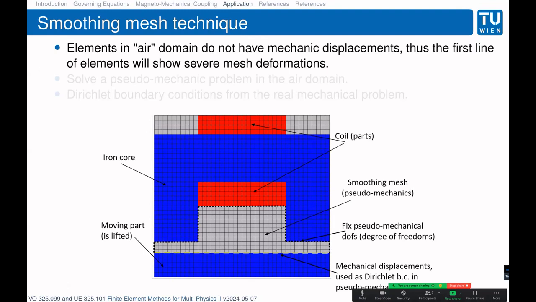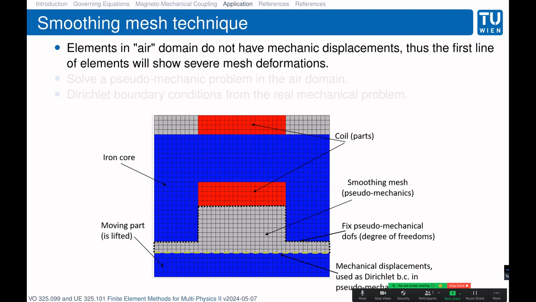But what happens actually to the air? Here we don't have any mechanical deformations. So as soon as, so to say, this deforms more than half an element, these elements get very distorted and probably quickly will have negative Jacobians, and this is not really what finite element codes like to compute with.